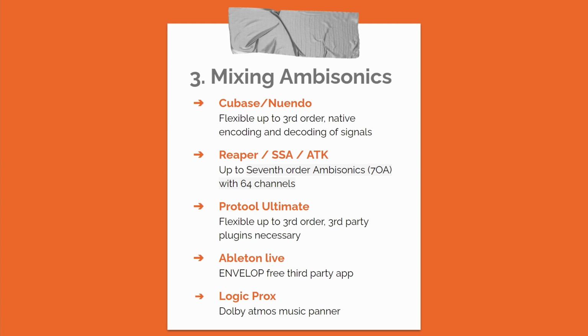I don't know why. What's great about it, it can go up to 3rd order ambisonics, which really does give you a much higher level of detail than 1st order ambisonics, and you can convert from 3rd order down to 1st order if your playout system is only able to handle that. But what's great about it is that it kind of handles all your encoding and decoding natively.